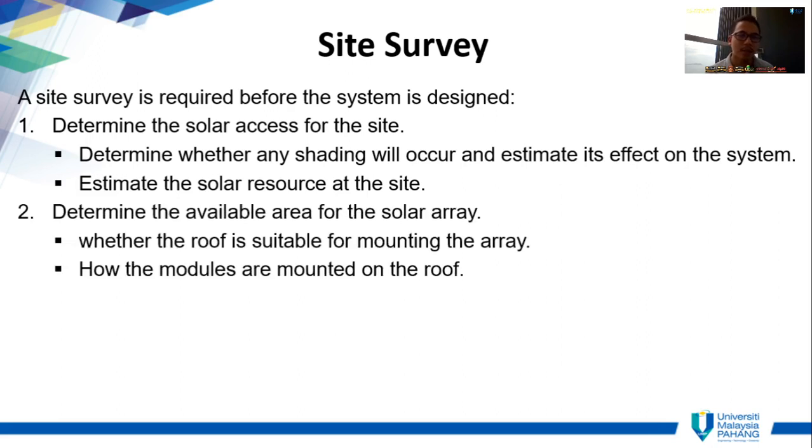The second one is to determine the available area for the solar array. If you are going to install on top of the roof, you need to make sure the material used for that rooftop is capable of withstanding the weight of the solar modules. If we are going to use zinc, for example, zinc is okay.